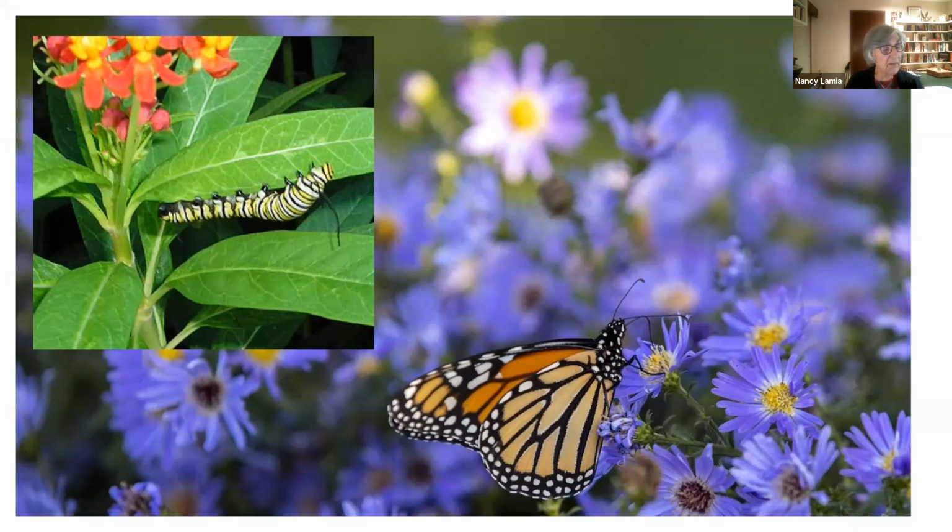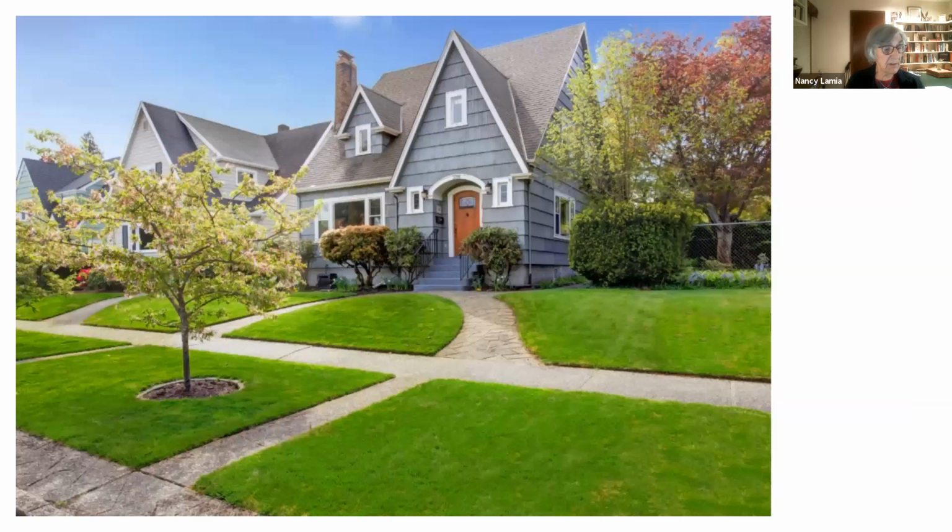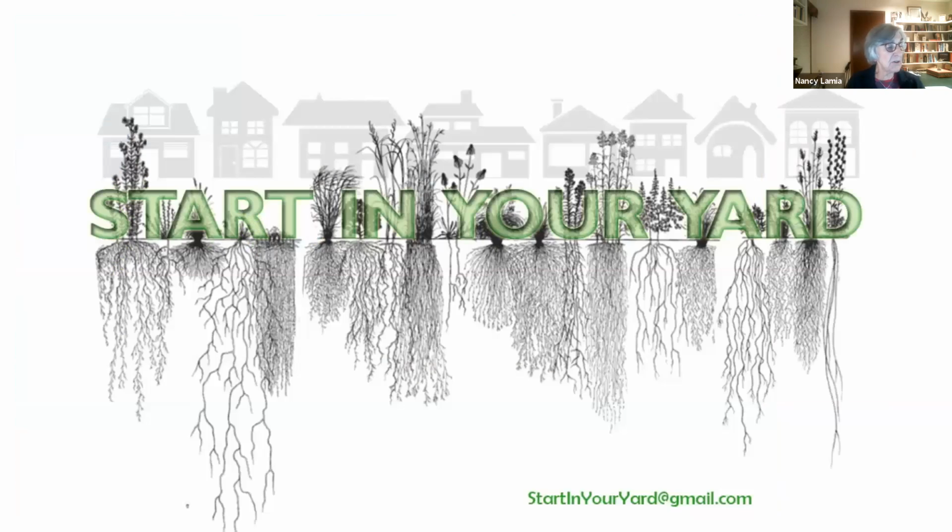And in most of our yards, that's all there is: a grassy lawn with some plants, shrubs, and trees that developed with other insects in another part of the world. Start in Your Yard wants to encourage people to plant the plants that feed the insects that feed the birds, and bring wildness back into our yards, back into our lives.